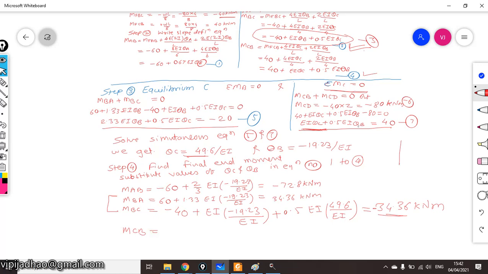Okay, now for the final MCB, put the value of theta B and theta C in equation number 4.